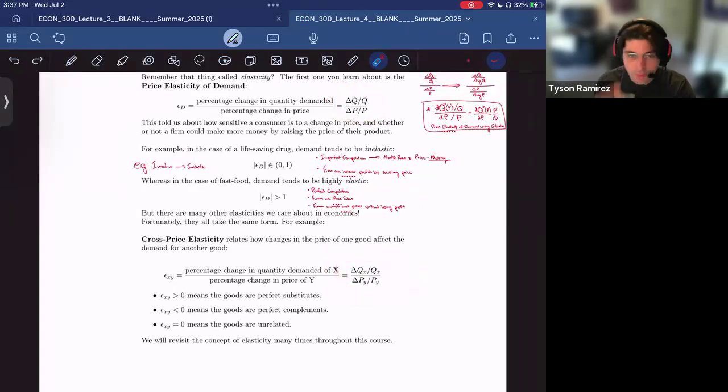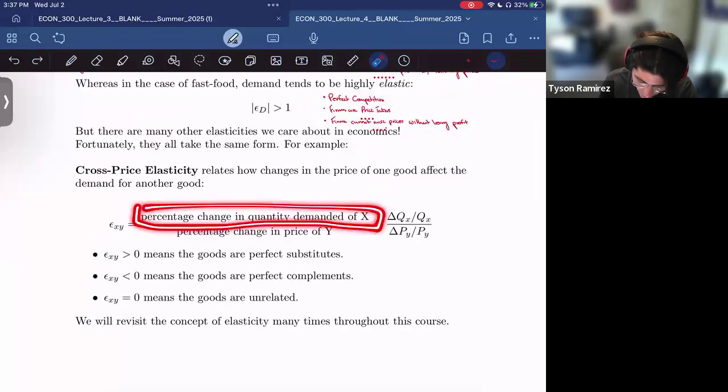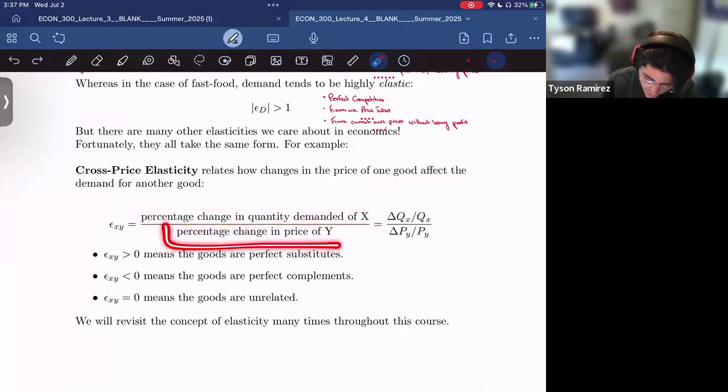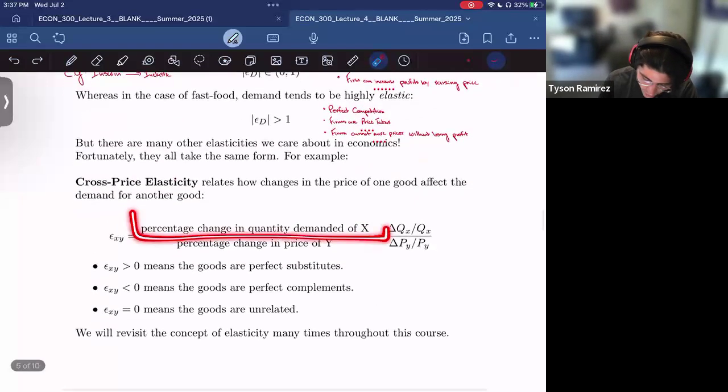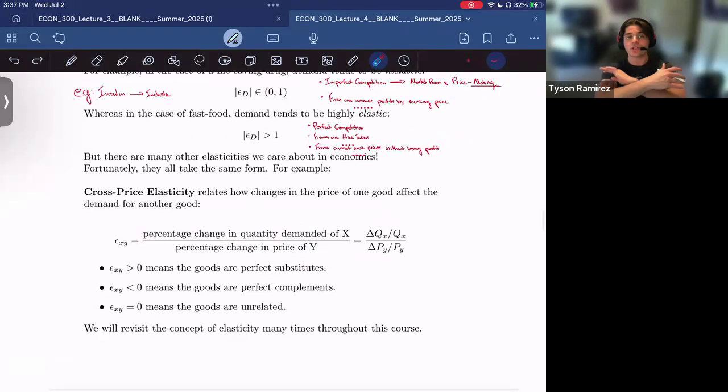But the core idea is the same. We're going to take the percent change in quantity of one good and divide it by the percent change in price of another. It's always going to be a quantity on top. It's always going to be some dollar amount change on bottom. This generalizes to all elasticity formulas.